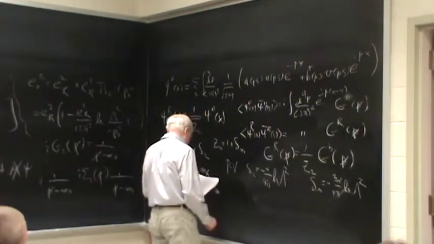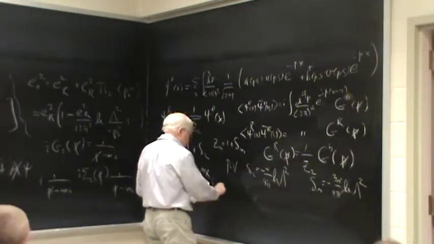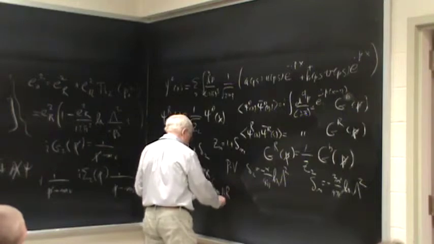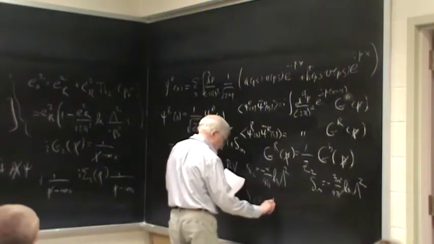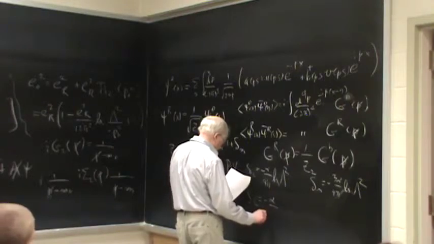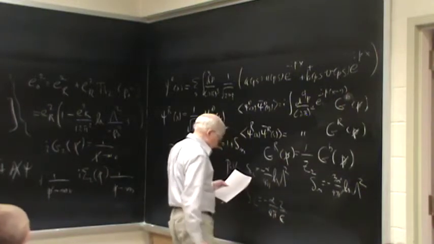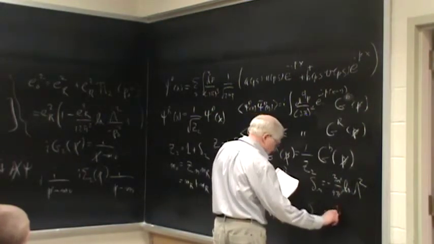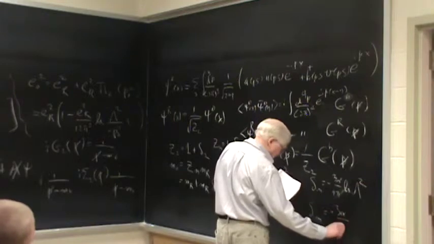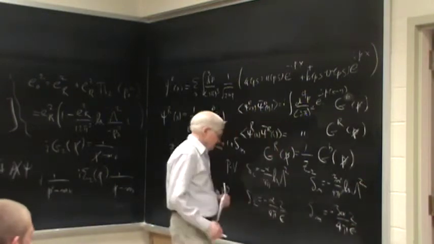And if we're doing dimensional regularization, then we say delta 2 is minus alpha over 4 pi 2 over epsilon and delta m is minus 3 alpha over 4 pi 2 over epsilon.